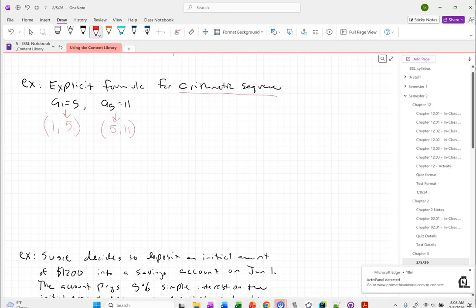So the first thing I'd want to do if I was writing an equation for a line is calculate the slope. Since this is an arithmetic sequence, that's called the common difference. But I calculate it the exact same way. Everybody's okay with that?